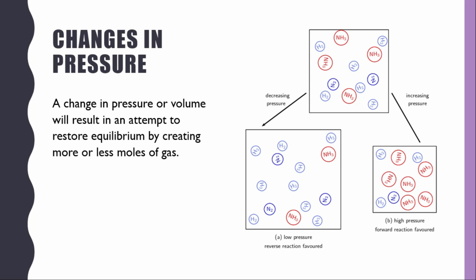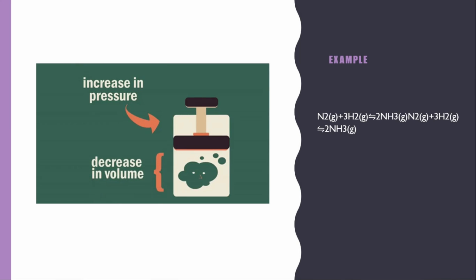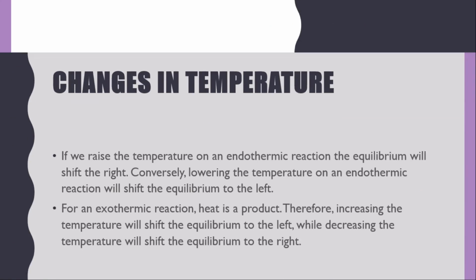Similarly, if the volume of a system increases or the pressure decreases, the production of additional moles of gas will be favored. Lastly, for a gas phase reaction in which the number of moles of gas on both sides of the equation is equal, the system will not be affected by a change in pressure.